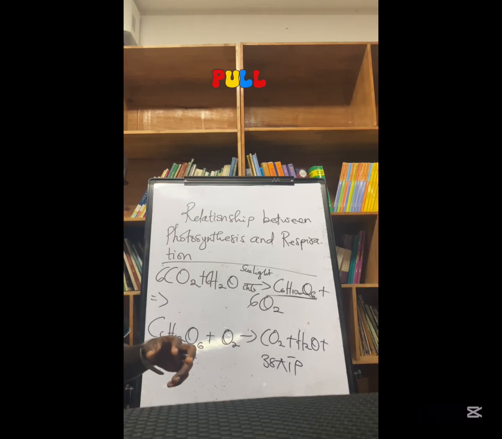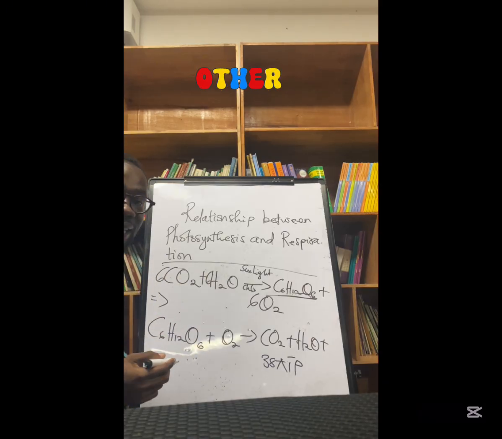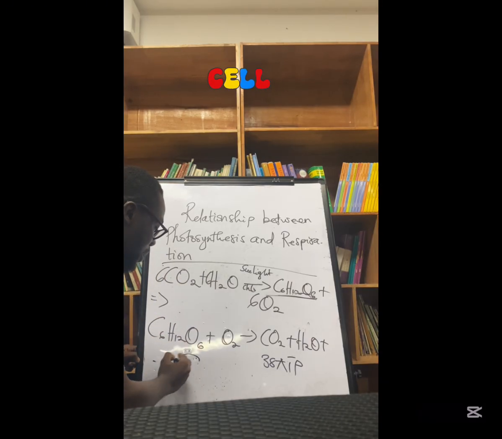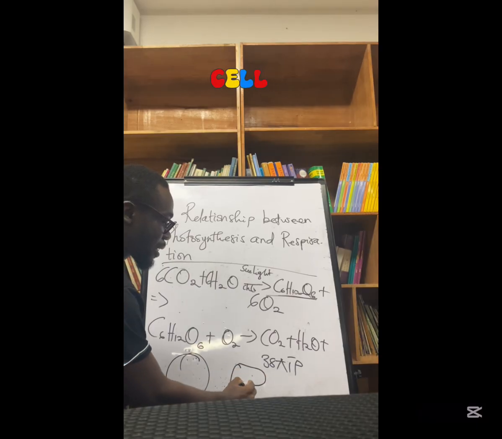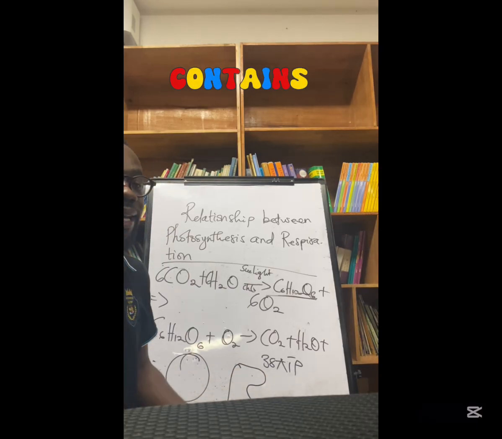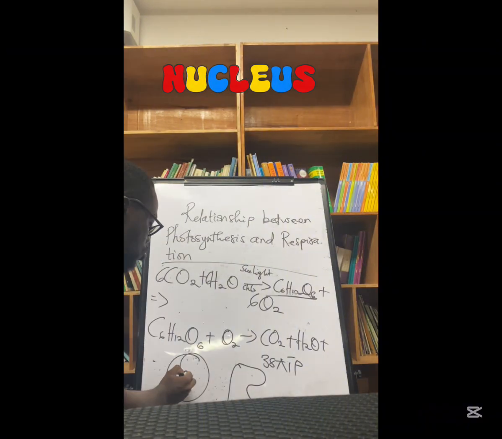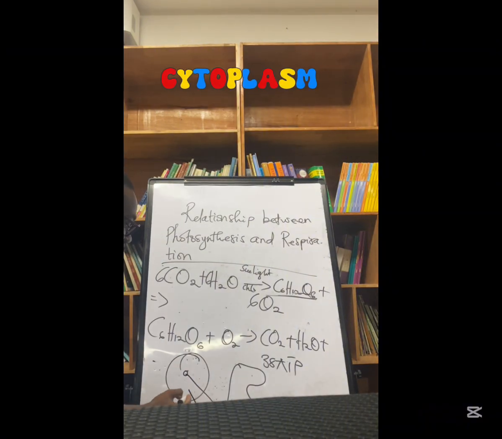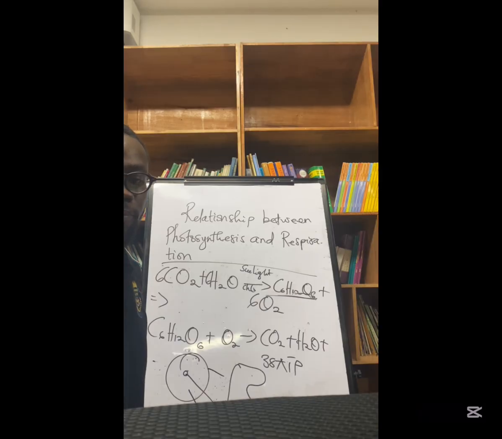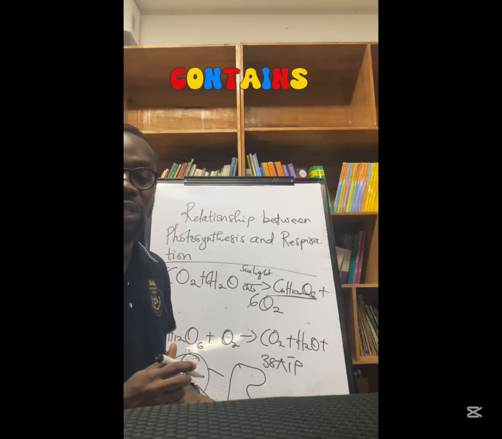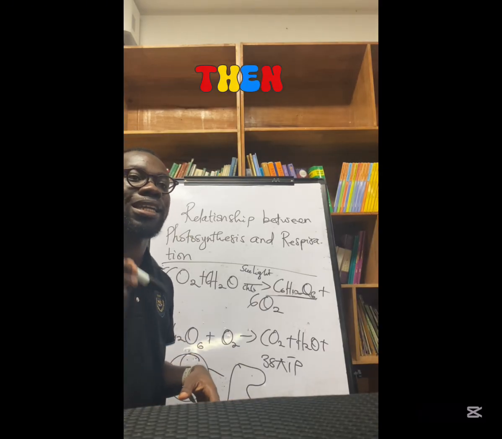Now, let me pull it from this part of the lesson. In the other lesson, we learned that every cell, be it a plant cell or an animal cell, contains a nucleus, cytoplasm, and then a cell membrane. Every living cell contains a nucleus, cytoplasm, and then a cell membrane.